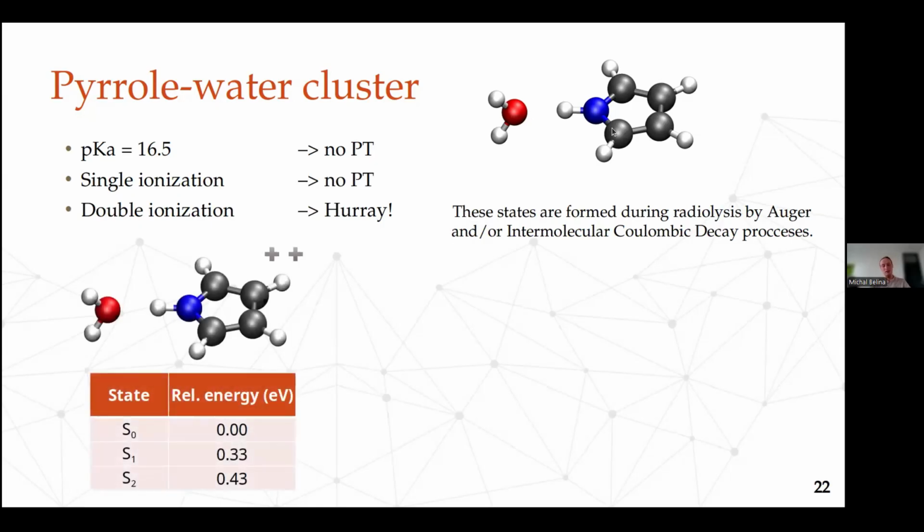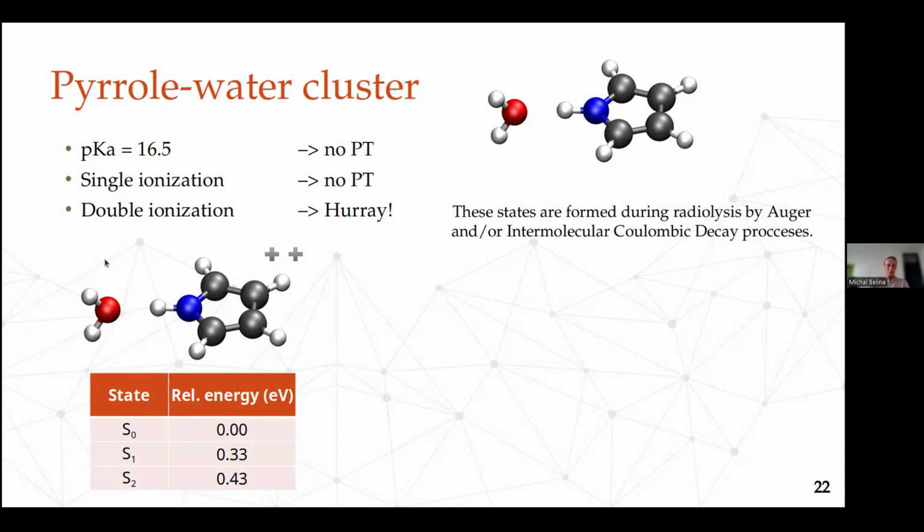This system is quite interesting from the point of view of electronic structure, as the pyro is large enough to contain this double charge on itself in the electronic ground state, right?